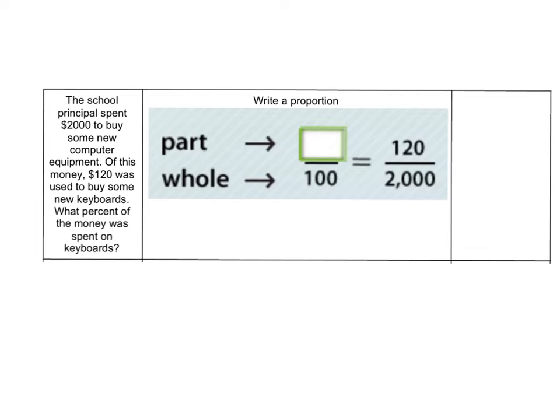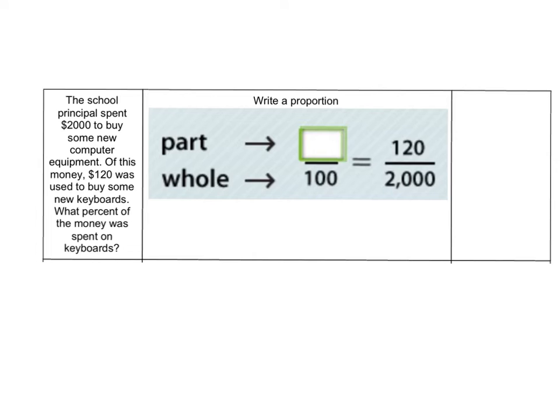All right, next problem. The school principal spent $2,000 to buy some new computer equipment. Of this money, $120 was used to buy some new keyboards. What percent of the money was spent on keyboards? So we're going to set up a proportion, which means we're going to have two equivalent ratios.